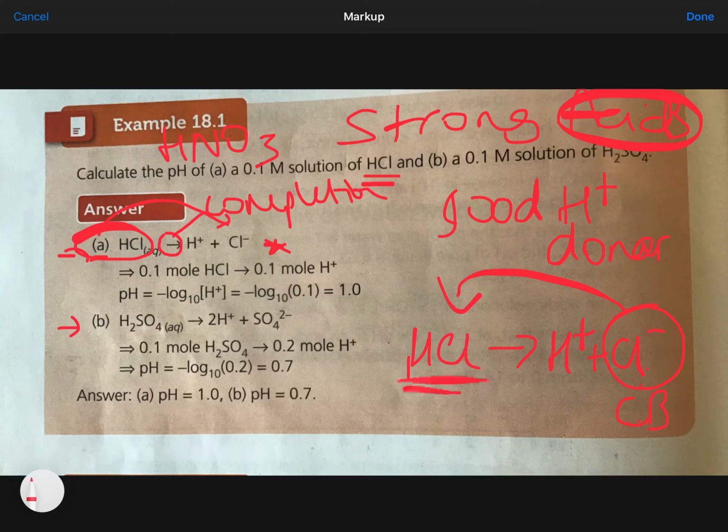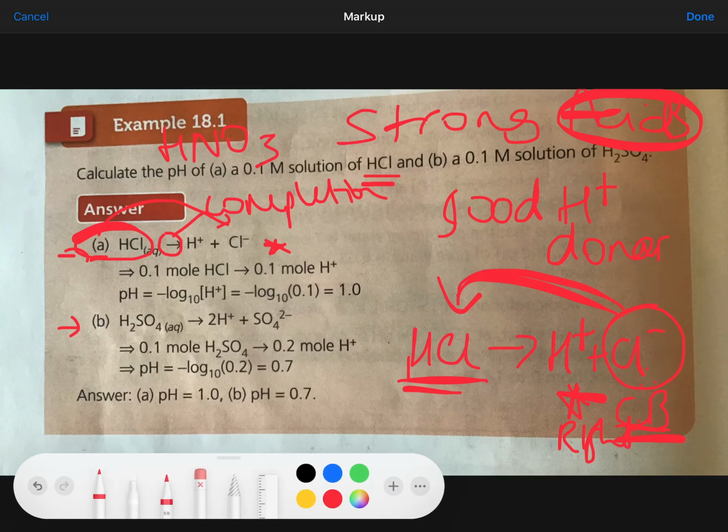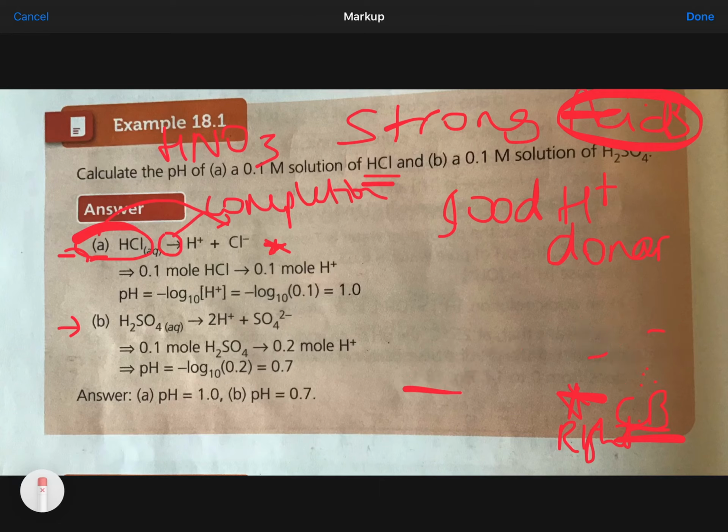Why not? Stronger the acid, the weaker the conjugate base. It's going against the equilibrium completely by trying to drive it over again to the left-hand side. So you would say something like that. Strong acids produce weak conjugate bases. Very little tendency for this to go over to the left. So the equilibrium lies very much to the right-hand side, okay? So the stronger the acid, the weaker the conjugate base.